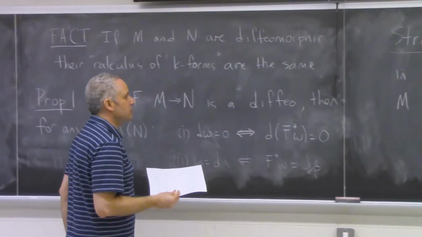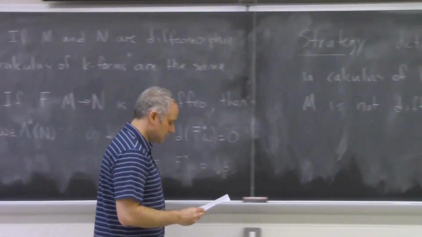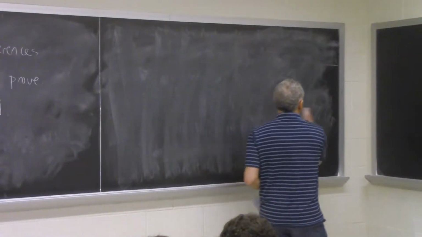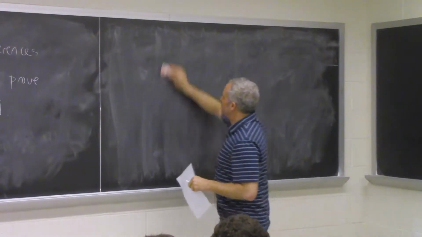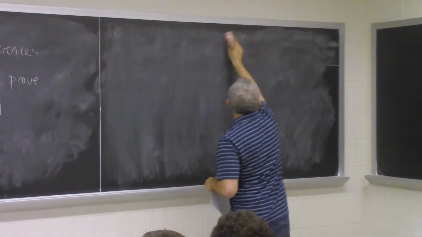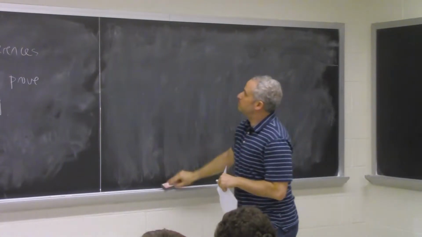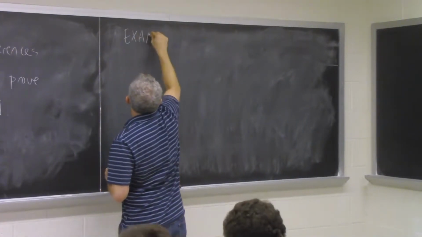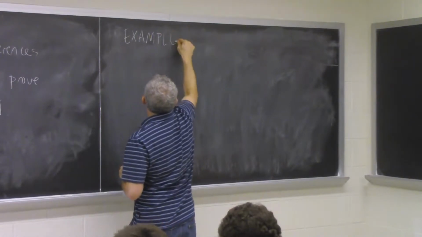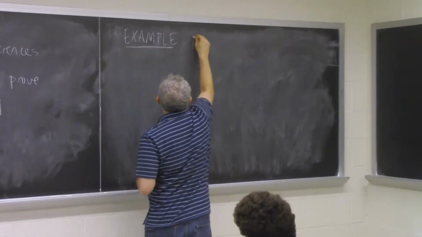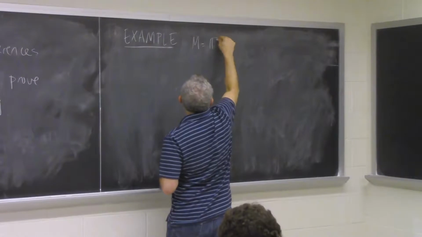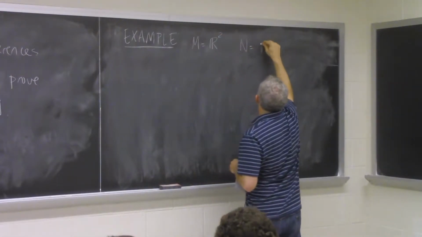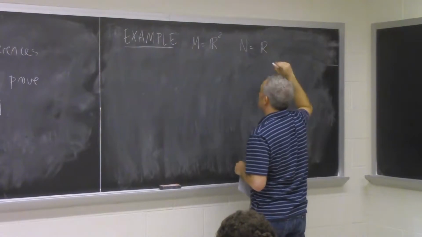So we are going to carry out this strategy in a kind of classic example. So let's consider two manifolds of the same dimension. So M will be R2, and N will be R2 minus a point.